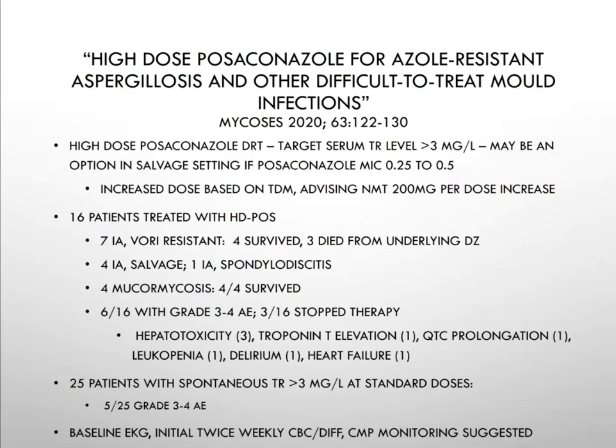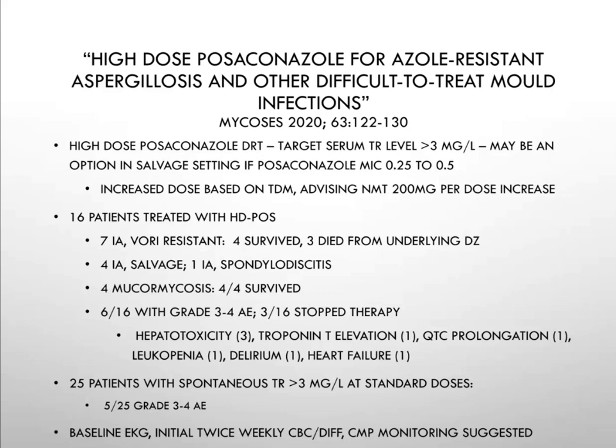This is a new approach that can be considered in the salvage setting, especially if the Posaconazole MIC is in the 0.25 to 0.5 range, which previously by EUCAST standards would be considered intermediate to resistant.